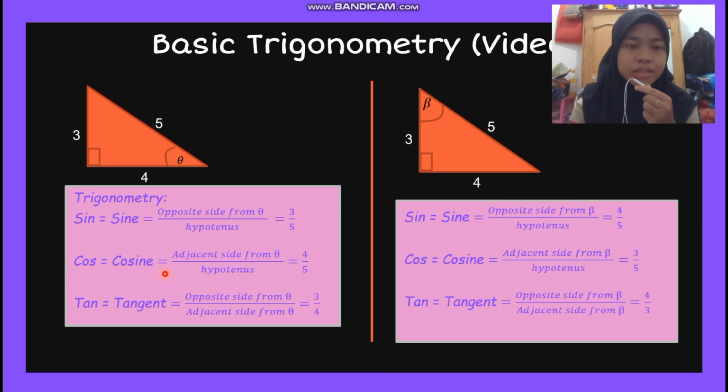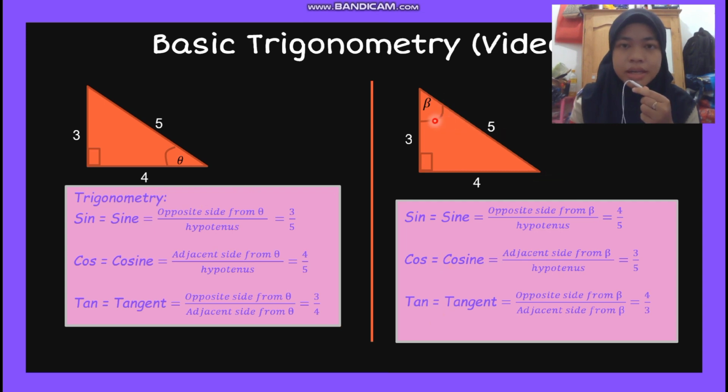And cosine is adjacent side from theta divided by hypotenuse, 4 divided by 5. The next is tangent, opposite side from theta divided by adjacent side from theta. Opposite side is 3 divided by adjacent side 4.